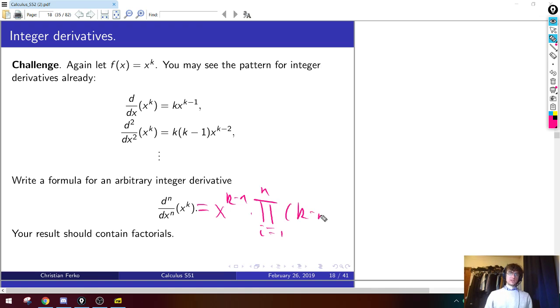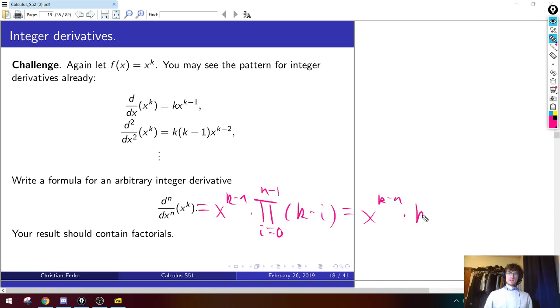So let's just think about those bounds a little bit. If n is 2, your product would give me k minus 1 and k minus 2. But we don't want k minus 1 and k minus 2. We want k and k minus 1. So I think we should just change the bounds so it runs from 0. Yeah, good. Okay, so let me just write that out a little more explicitly to remind us of what that means.